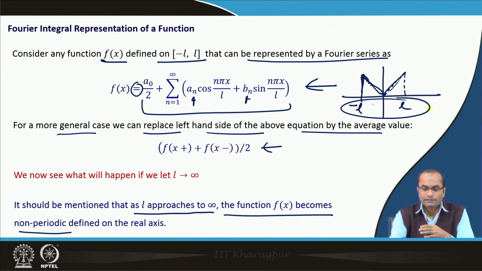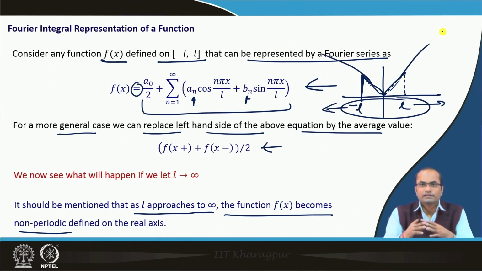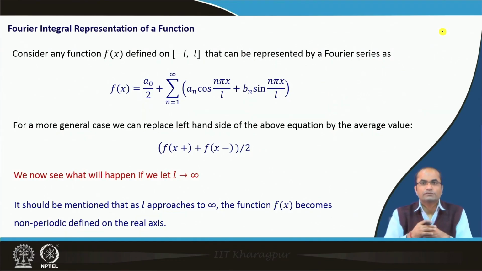But now, if we let L go to infinity, then this function may not naturally be a periodic function. It may be periodic, but it may not be, and now we are talking about the whole real axis. We are covering f(x) in the range minus infinity to plus infinity, and the question is what kind of representation we will have instead of this Fourier series when L is very, very large, because then there is no question of convergence to a periodic function, as L is no more finite.